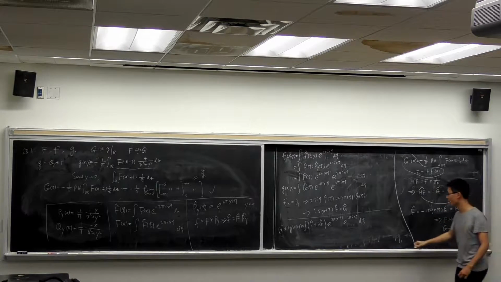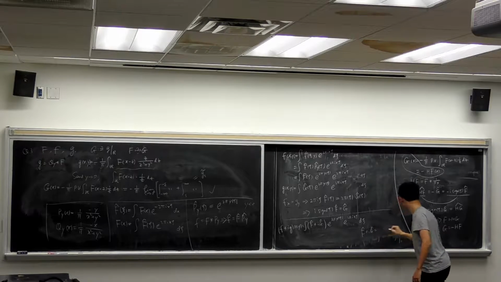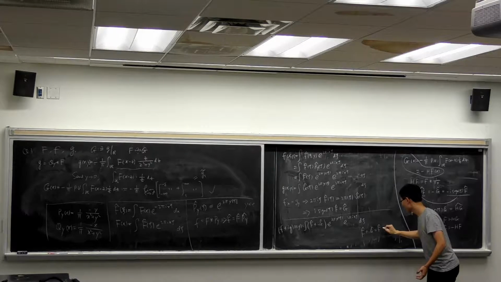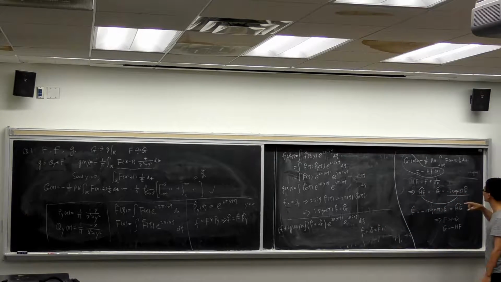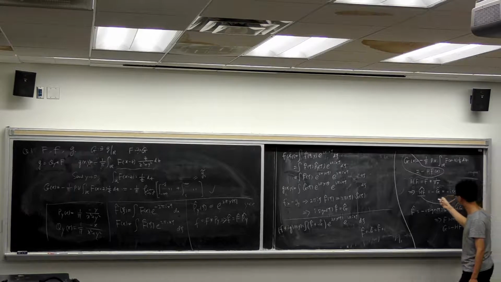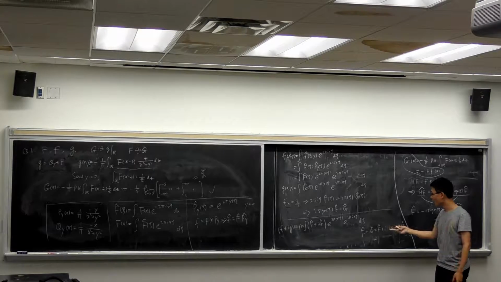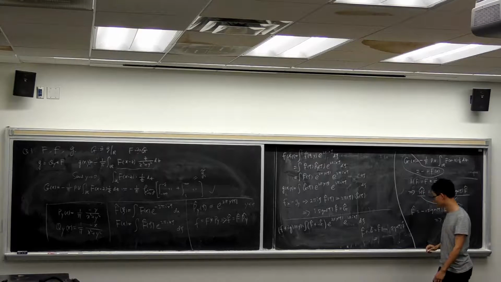Here, we know f hat plus i g hat is i sine c times i again, times f hat, and since i squared is negative 1, this is minus.